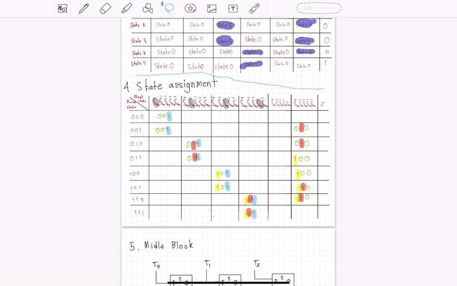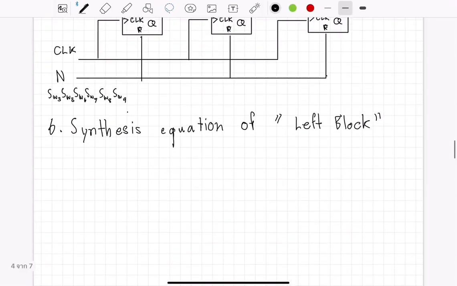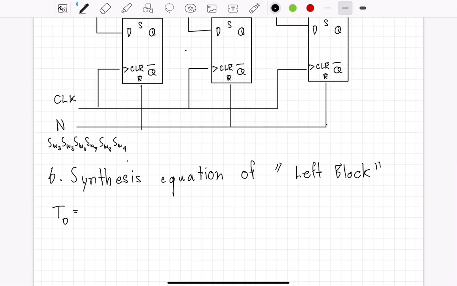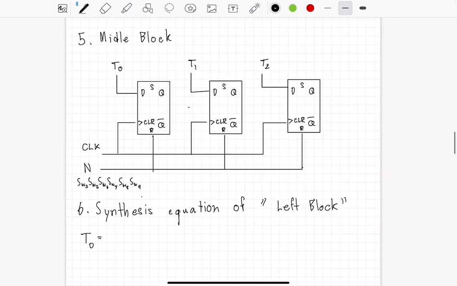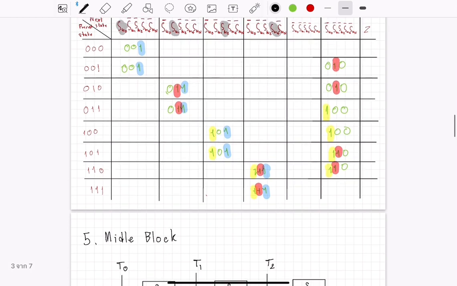I just copy the state. State 1, state, synthesis equation T0. It means T0 is 1.